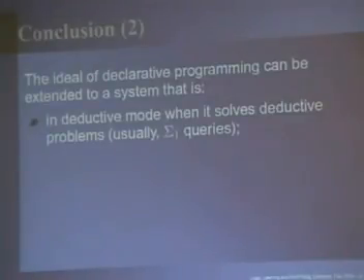But the more interesting use of the system is when it is in learning mode. So when it tries to solve the sigma-true query. In this case, it will try to make an inductive leap from a deduction. It's a backtrack search, so starting from level sigma-2 backwards, and the result of the computation represents what you want to learn.